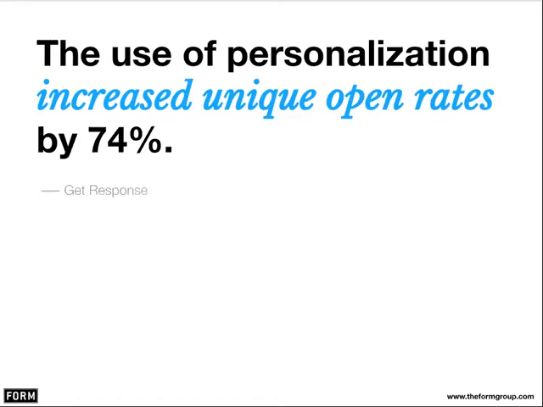Also, the use of personalization in a subject line increases open rates. If you're using a program like Constant Contact, MailChimp, or Emma, any of these allow you to personalize the subject line with a little merge field, right? You may have used merge fields in the actual emails, but you can also use them in the subject.